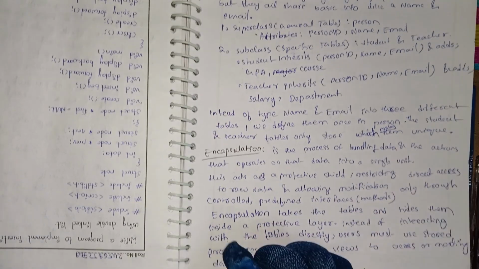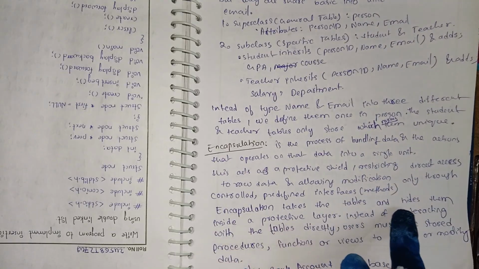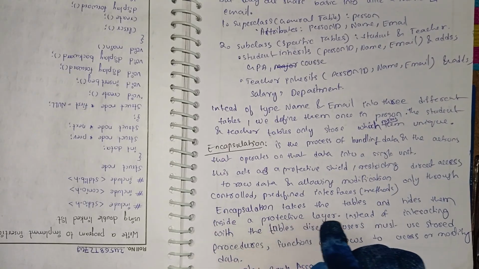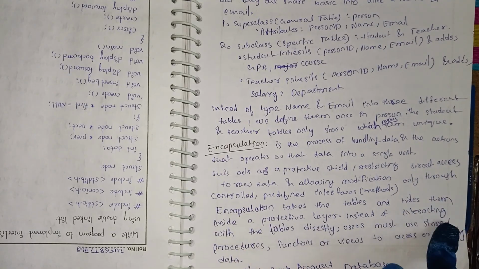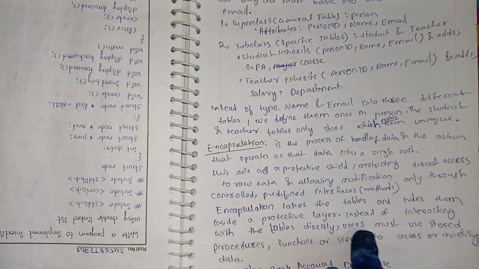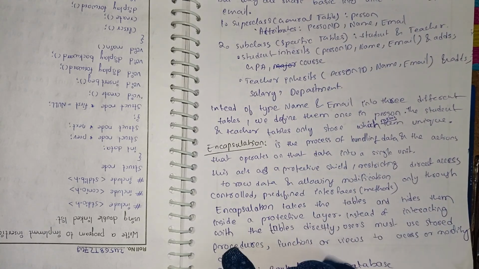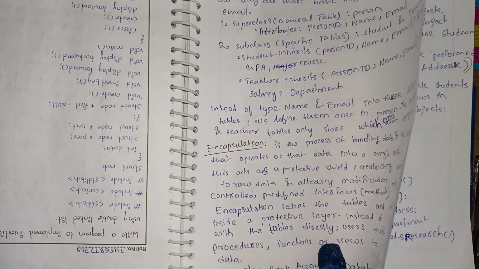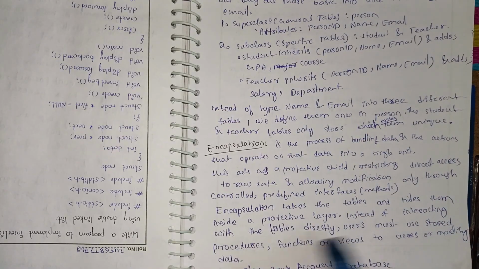Okay, and encapsulation takes the table and hides them inside a protective layer. Instead of interacting with the table directly, users must use stored procedures, functions, or views to access or modify data.